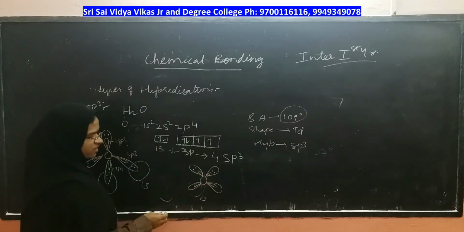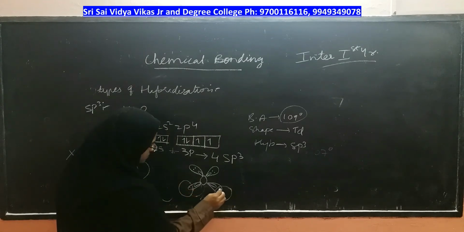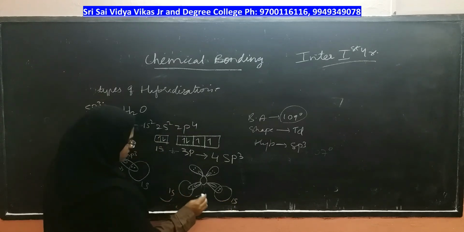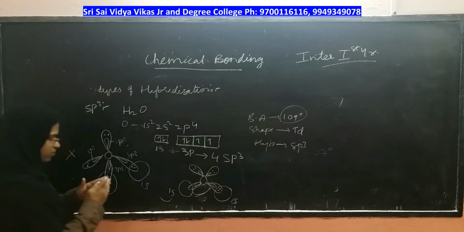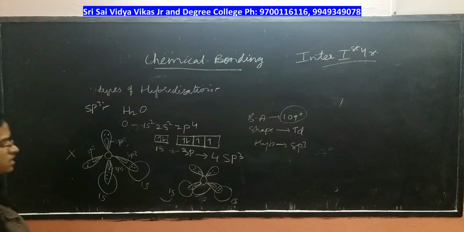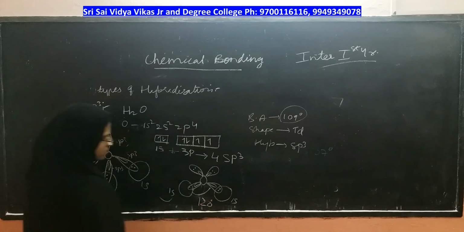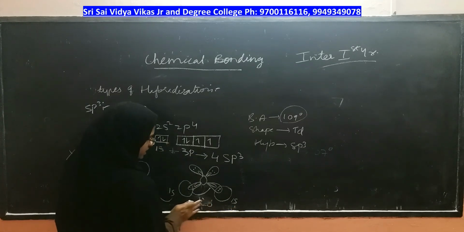This is not a flower, it is oxygen. And in between these two, the bond pairs go away from each other, lone pairs go towards each other. So the bond angle is 120 degrees, sorry, 104 degrees.